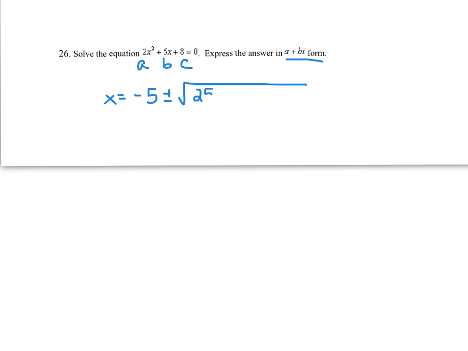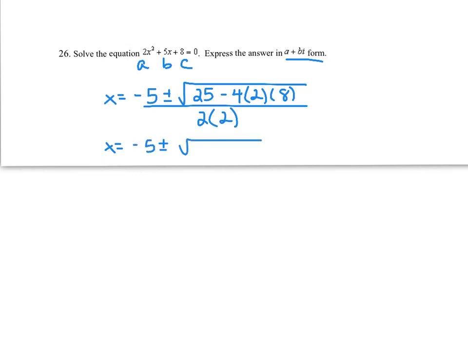And 5 squared I know is 25, minus 4 times my a, which is 2, times my c, which is 8. And the whole thing is over 2 times a, which is 2. All right, so x equals negative 5 plus or minus the square root of 25 minus 64, right? That whole thing is over 4.